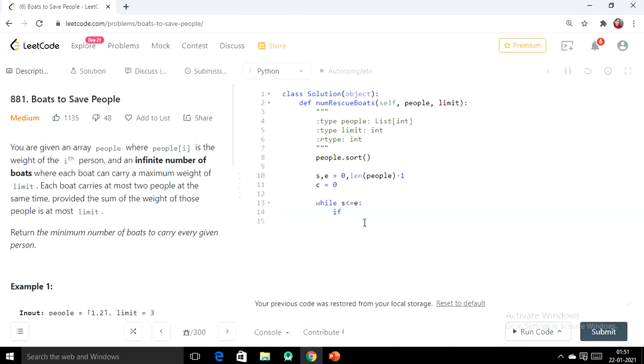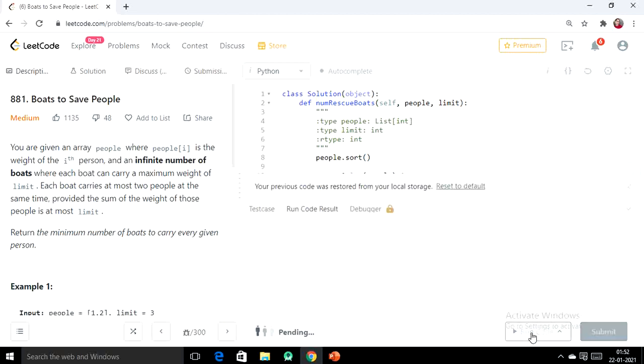In that case we will check if people[s] plus people[e] is less than or equal to limit. In that case, we will increment the value of s by 1, and decrement the value of e by 1. Also we will increment the value of count by 1. After coming out of this loop, we will simply return the value of count.